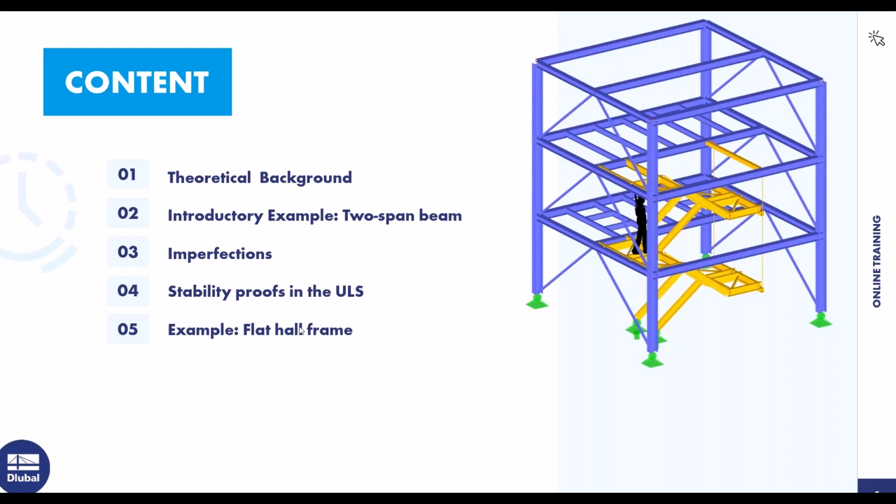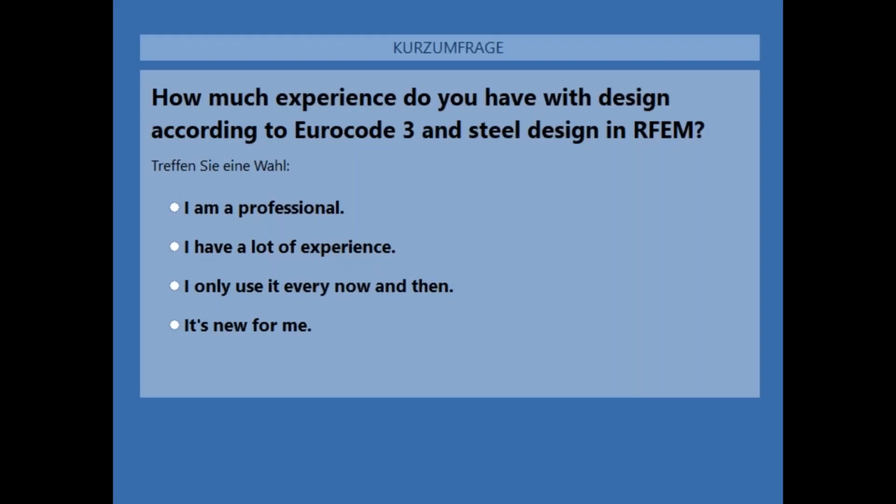Before we start, I would like to ask you something with a survey. Just a moment. So I started. Just click on the point that is valid for you. The question is, how much experience do you have with design according to Eurocode 3 and steel design in RFEM?